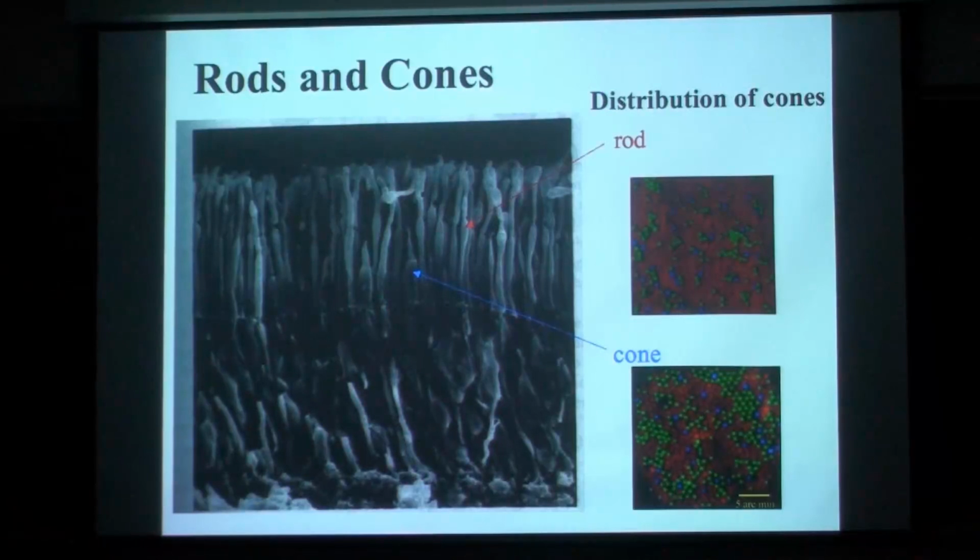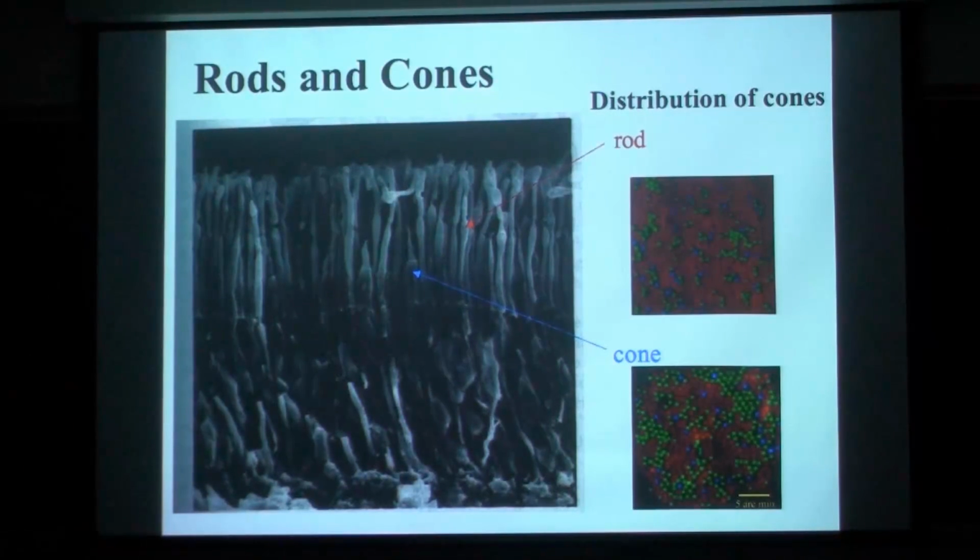So they are unevenly distributed, and we have actually 3 cones for 3 different colors, and we have one rod that absorbs yet at another wavelength, and so we have actually in our eyes, cells that are maximally sensitive at 4 different wavelengths for the light.